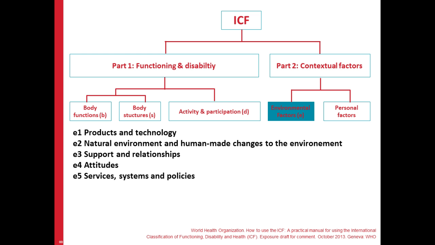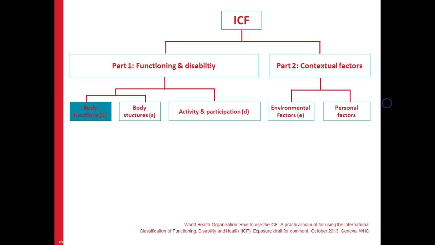The chapters for environmental factors are quite different again. And as you can see, several of these might have an impact on walking and mobility. But products and technology, E1, and E2, the environment, whether it's natural or human, are the most impactful on walking.